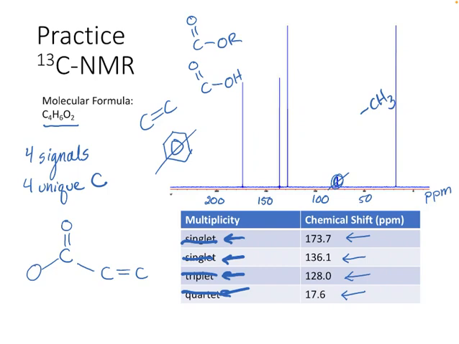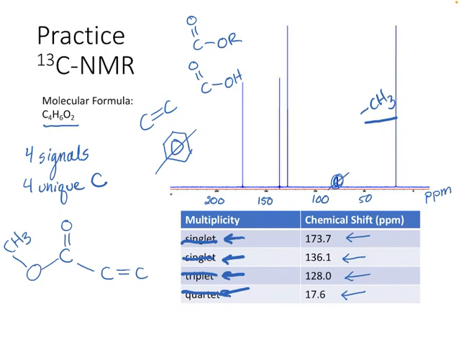All right. So we have 3 of our carbons so far. And let's see, one possibility is our CH3 group could be attached to our oxygen. So we could have an ester, right?